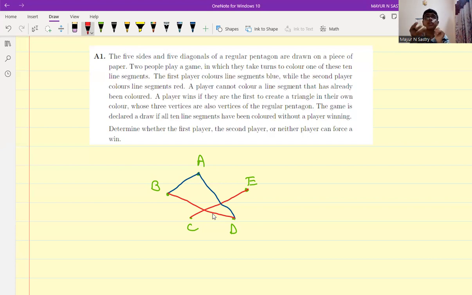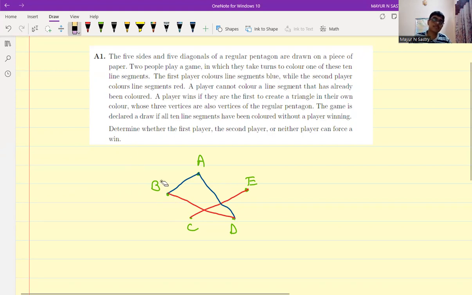So I need to find a particular line segment so that if I color it, then I have two possibilities of formation of a triangle. Well, a question to ask is, would that be BC? No, it appears that if you color BC, then you have only one choice, that is to complete the triangle ABC. And the second player would clearly just try to avoid that by coloring AC to be red.